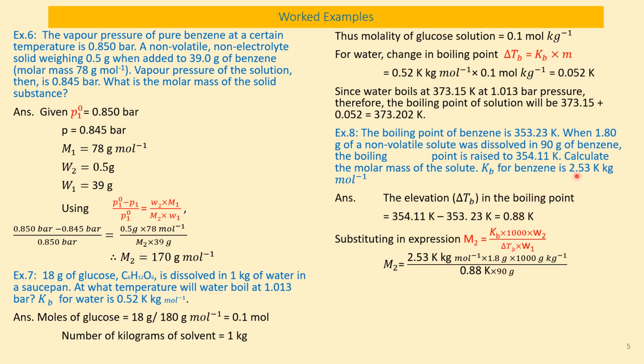Kb is given as 2.53 Kelvin kg per mole, so 2.53 into 1000 into 1.8 grams, that is the weight of the solute, divided by 0.88 Kelvin into 90 grams. So the weight of solvent is 90 grams. So we get the value as 58 grams per mole.